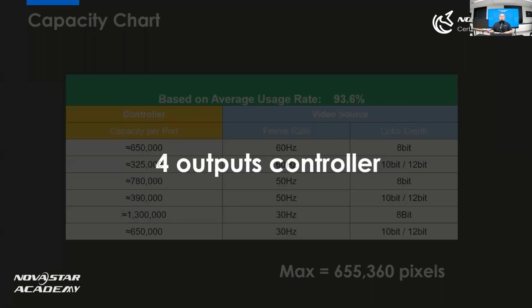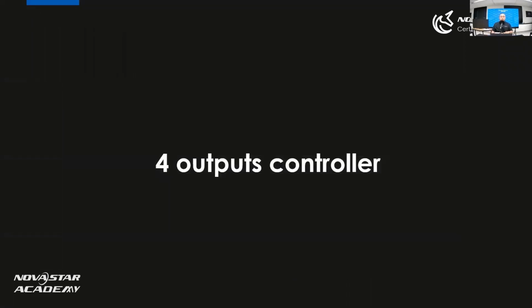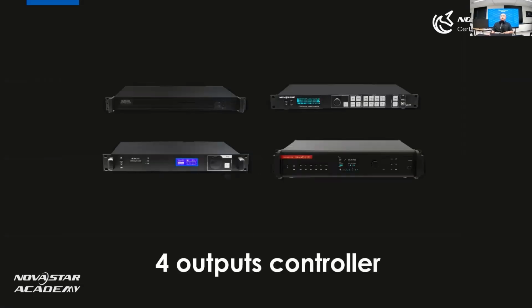Okay. Now we're going to talk about the four output controllers. Maybe you used it before, or you just know the name. We need to know why we have four outputs, but on our specification, the loading capacity is not 2.6 million pixels.